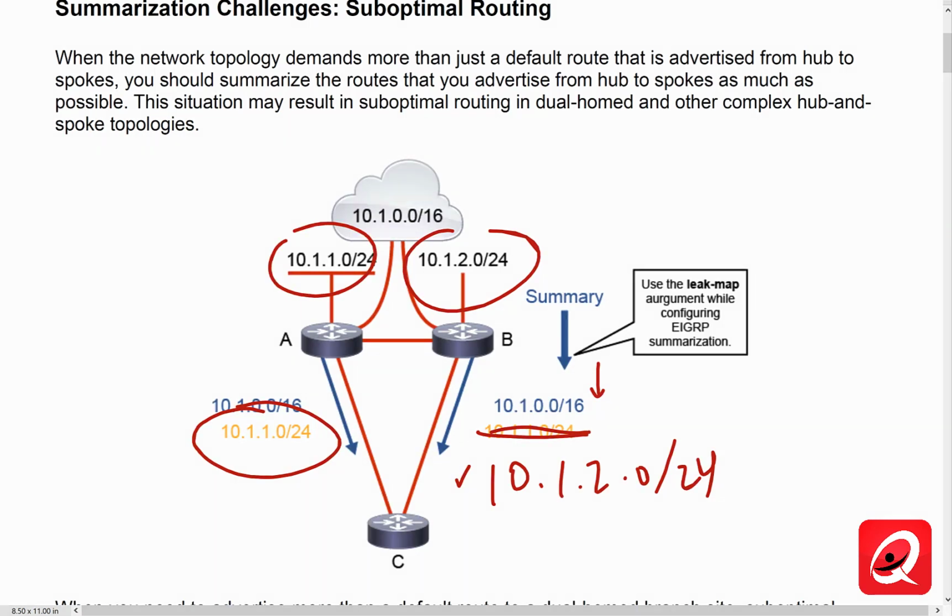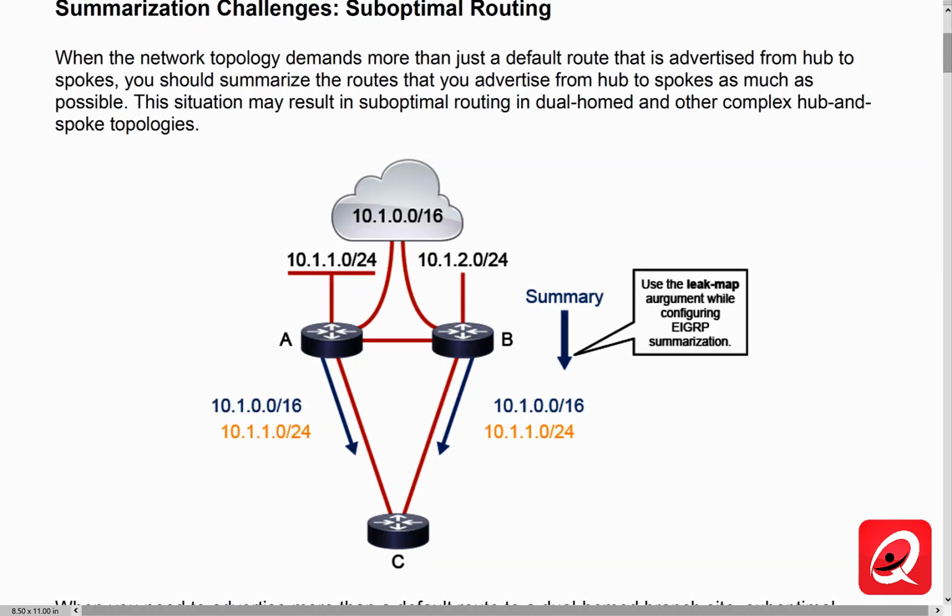And A should be leaking out the 10.1.1.0 subnet. That way we can be assured that router C is going to use the optimal path to get to the 10.1.1.0 subnet and the optimal path to get to the 10.1.2.0 subnet. Does that make sense? Definitely makes a lot more sense when you look at it from that perspective, because their diagram is just confusing.